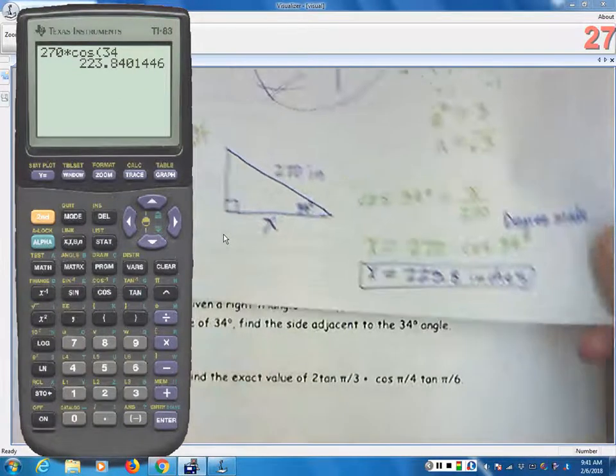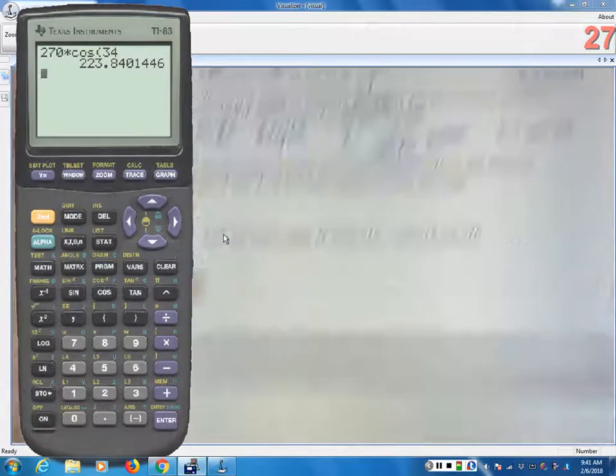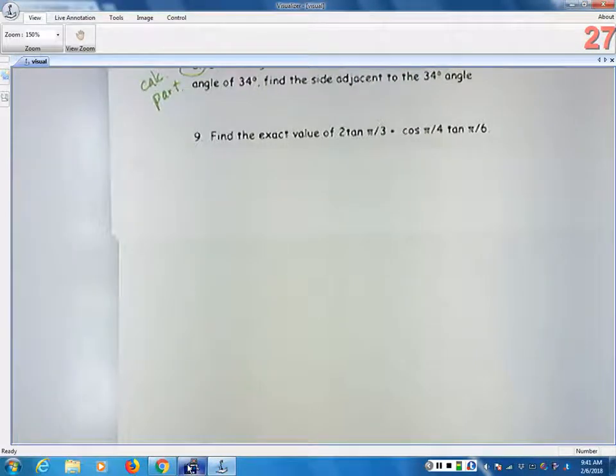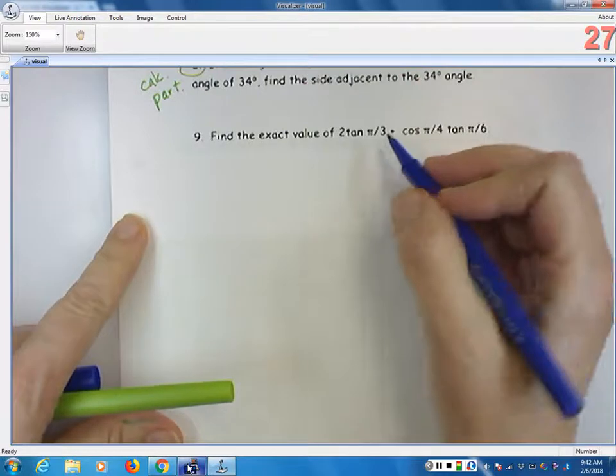This problem here, number 9, is on the non-calculator part. So, let me show you how you're supposed to do this. It is angles that you're supposed to know.